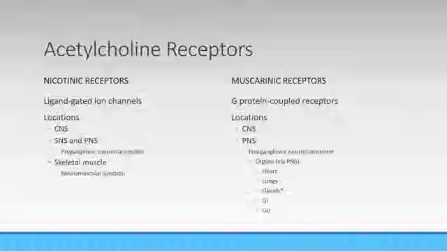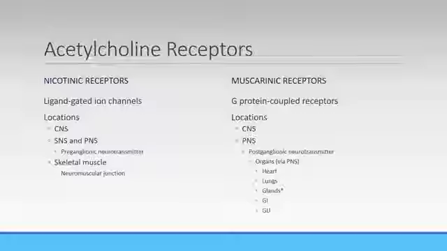The muscarinic receptors are G protein coupled receptors, so a slight difference there in structure. You can see the different locations. And then the big thing to remember, though, is the muscarinic receptors are also located not only within the central nervous system, but at the periphery, specifically where that postganglionic fiber innervates with the end organs.